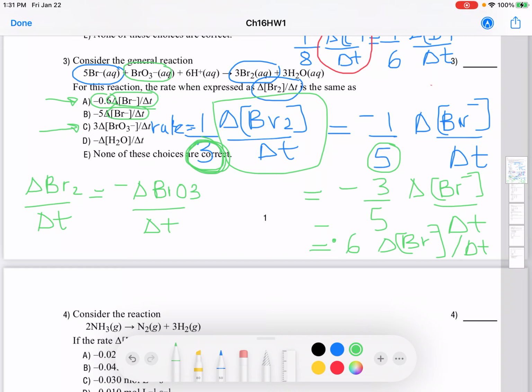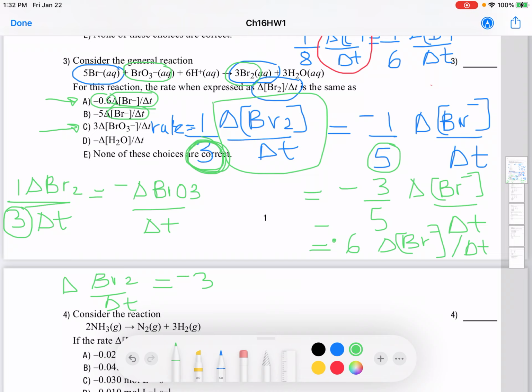But bromine, this one here, we have a 1 over 3, right? So with that in mind, delta bromine over delta T, this 3 should go to the other side.